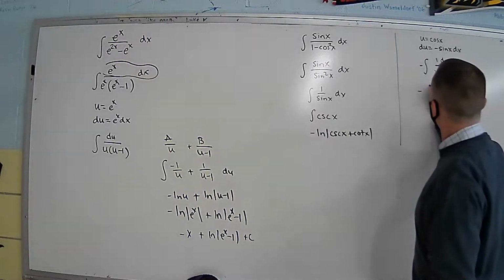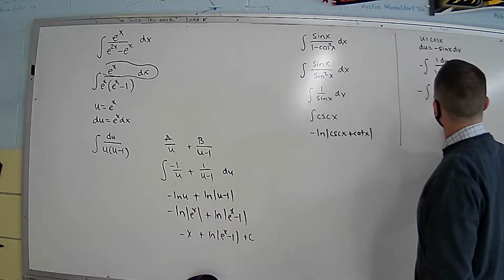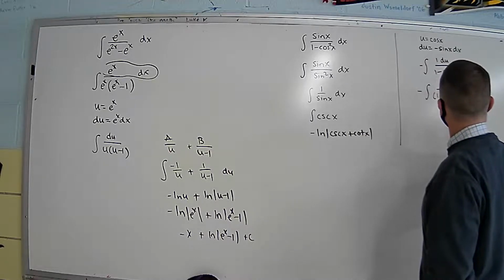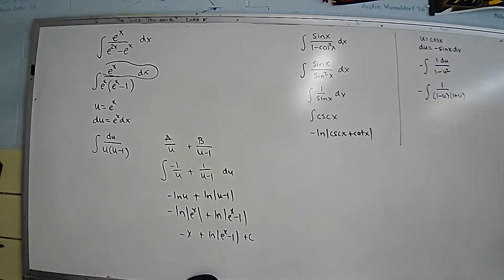Which is negative 1 over 1 minus u times 1 plus u. And you can do partial fractions there. Now it's kind of interesting because when you go and do this, you get an answer that looks very different than the answer that we have on there. Very different. Like not even in the same ballpark. Let's do it.